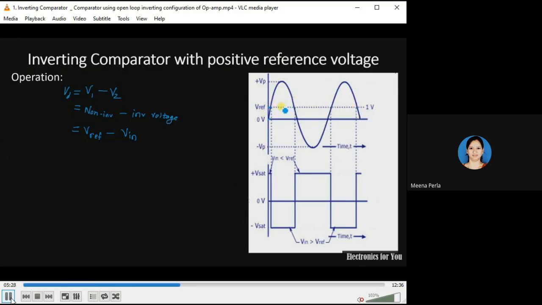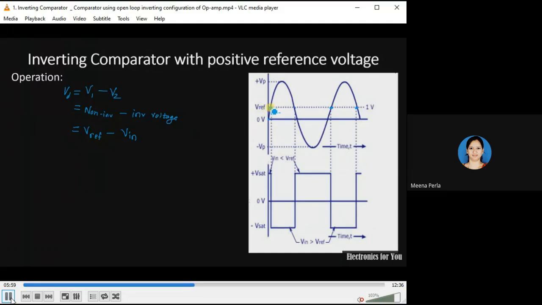The reference voltage marking we have shown on this waveform. The reference voltage is obviously above zero voltage, and the dotted line which has been drawn down, where it intersects, from there we are going to draw the perpendicular line for the waveform. So these points, you can see where we have intersected the sine wave with the V reference line. So we have shown the waveform in terms of V reference and V in.